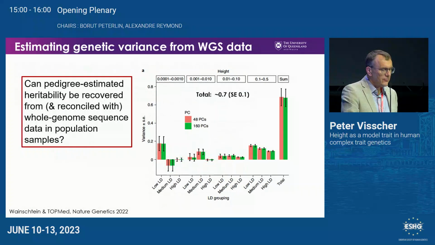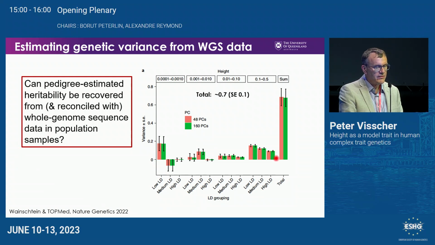We tried to address that in a paper from a few years ago, where essentially the question we asked was whether pedigree-estimated heritability can be recovered or reconciled with whole genome sequence data from samples in the population, so not from relatives.